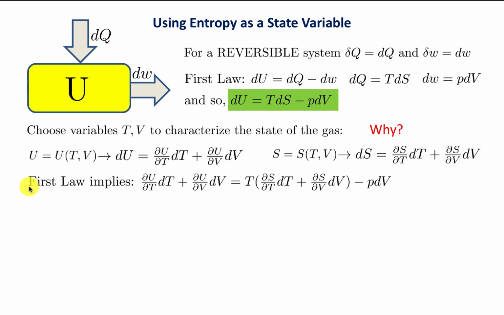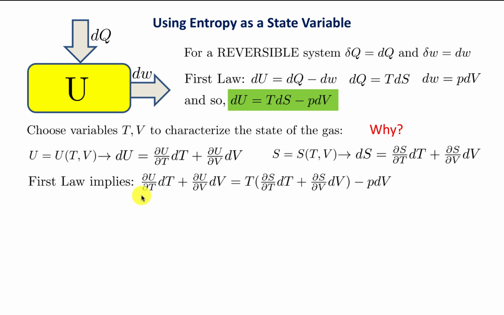So now let's put this into the first law. I'm going to take dU from here, put it here, and now this is equal to T, which is from here, multiplied by dS. dS is this, so that's this part, and there's of course minus P dV.